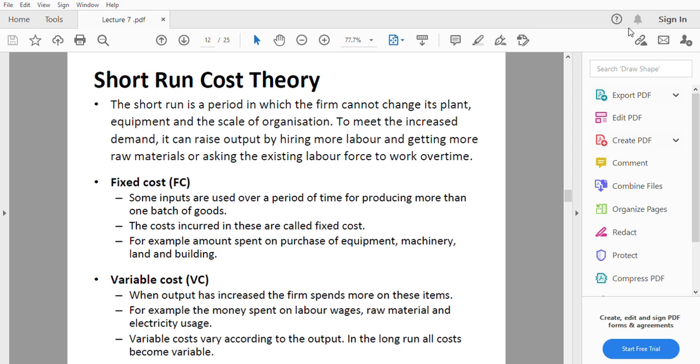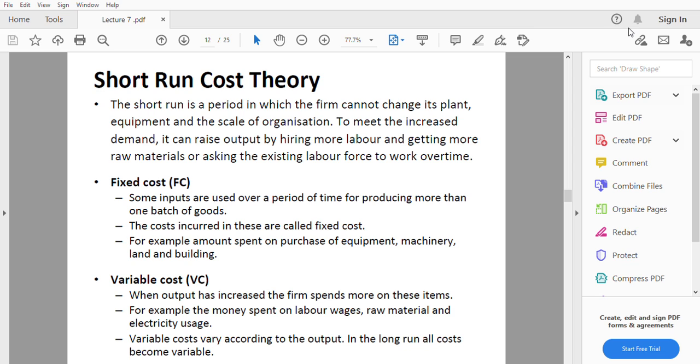You cannot produce all of them at once. The cost incurred on the fixed factor is called the fixed cost. For example, the amount spent on purchase of equipment, machinery, land, and building is called the fixed cost.